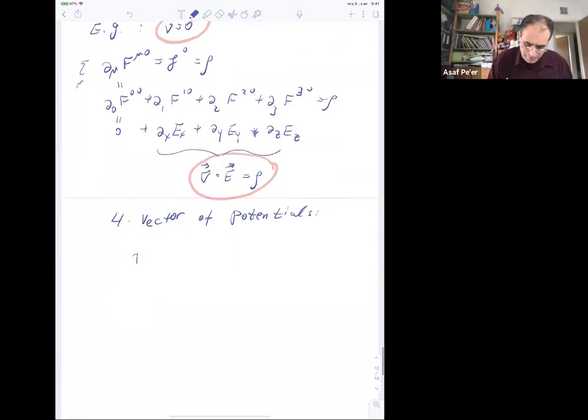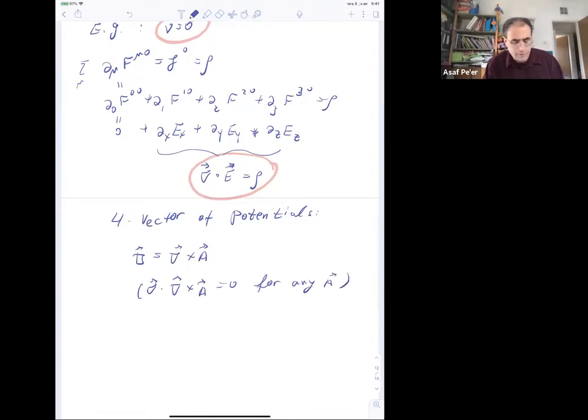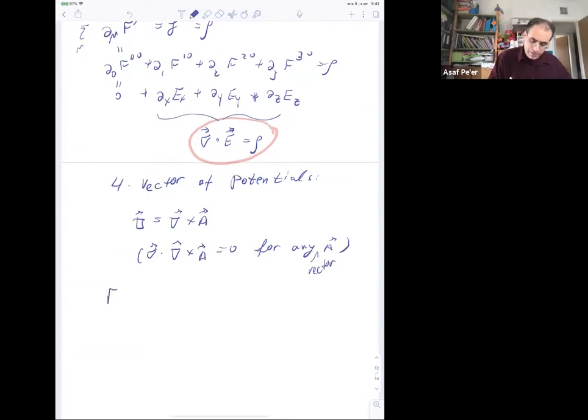It's very easy. The magnetic field we can always write as the curl of a vector potential, so B is equal to ∇×A. From that, the Gauss law of magnetization automatically follows, because there is a mathematical identity that the divergence of a curl is always 0: ∇·(∇×A) is equal to 0 for any vector A. We can use this in Faraday's law, ∇×E plus ∂_t B equal to 0.